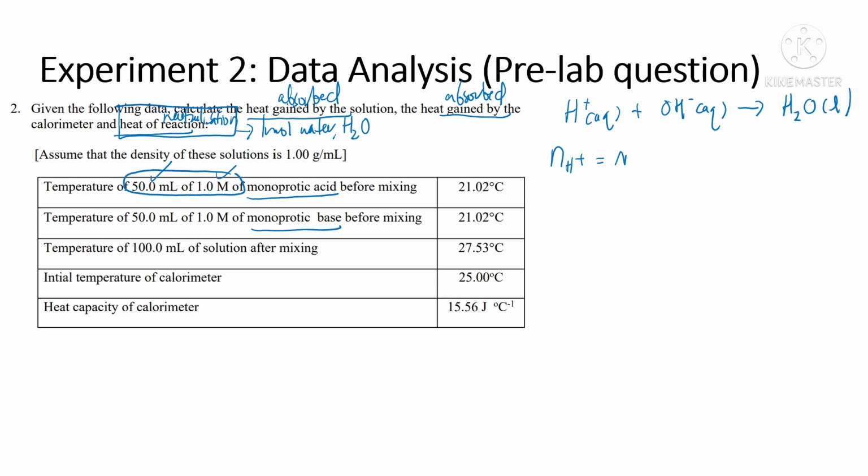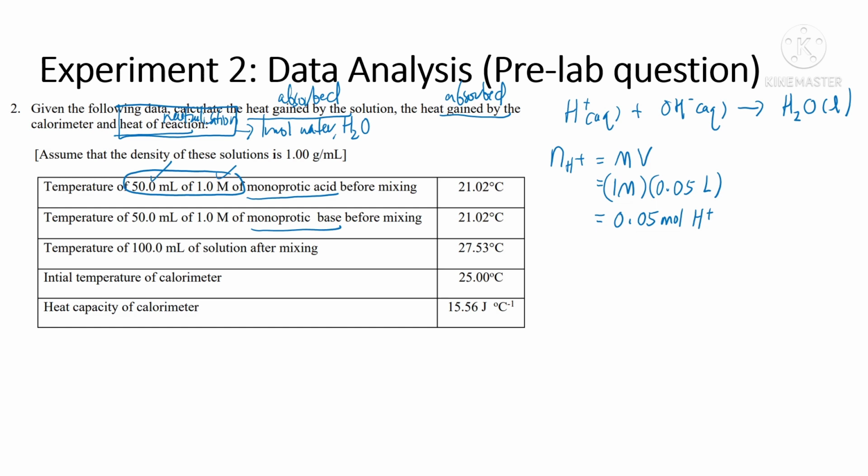Therefore, we can calculate the number of moles of acid using the formula molarity multiplied by the volume of solution. So molarity 1 molar, volume of solution is 0.05 liter, to give us 0.05 mole of monoprotic acid.